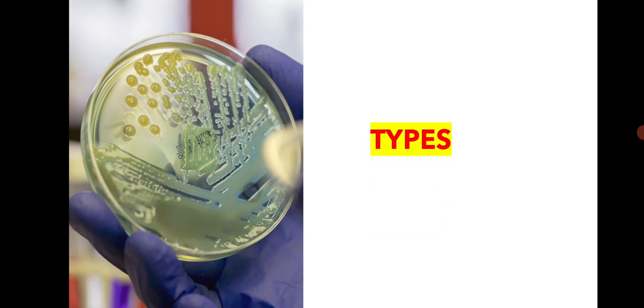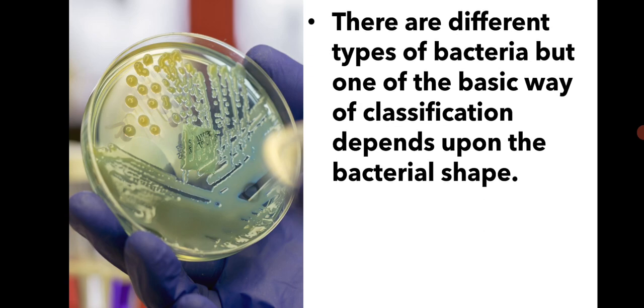Now coming to the types, bacteria are classified in a variety of ways. One of the basic ways: suppose you are isolating a bacterial culture about which you don't know. It can be from a variety of sources, from the hospital, from the soil, or from a particular source.